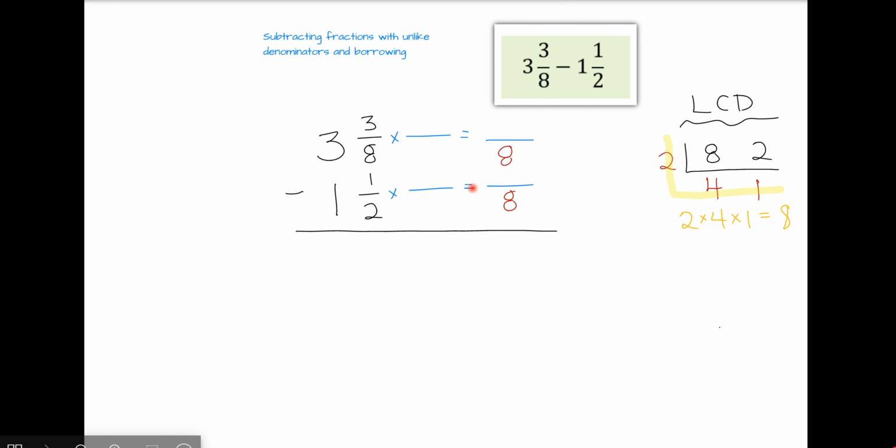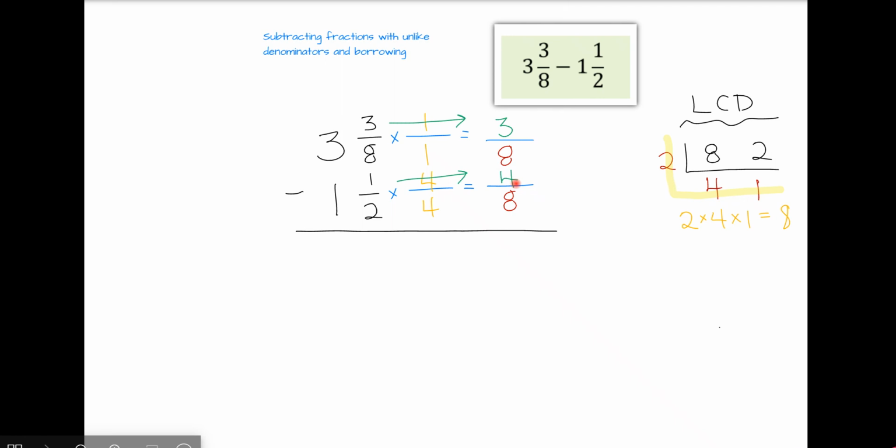I've set up my space to write equivalent fractions. Now I'm going to figure out what to multiply by. 8 times 1 is 8, and 2 times 4 is 8. And then we multiply our fractions straight across, giving us a 3 and a 4.